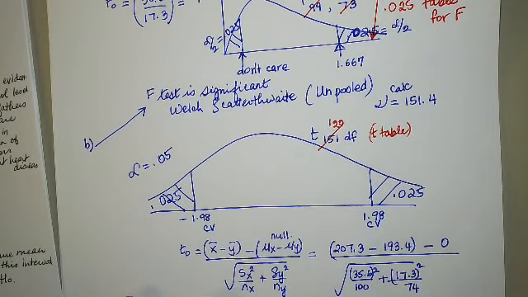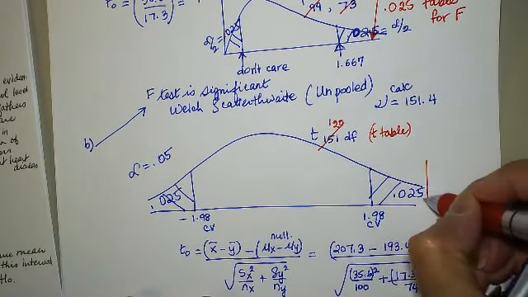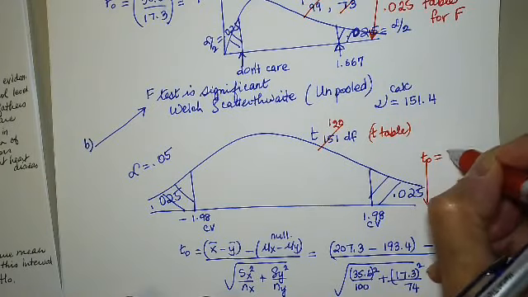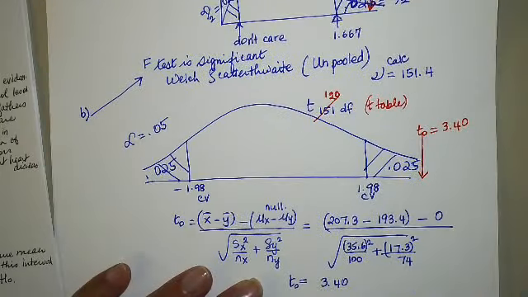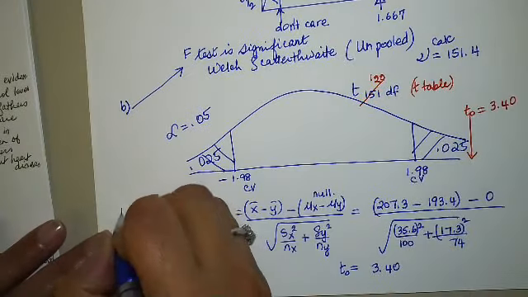So I cleaned this up and I got 3.40 as my T naught. Go and drop this 3.40 into this picture and it falls here. T naught equals 3.40.